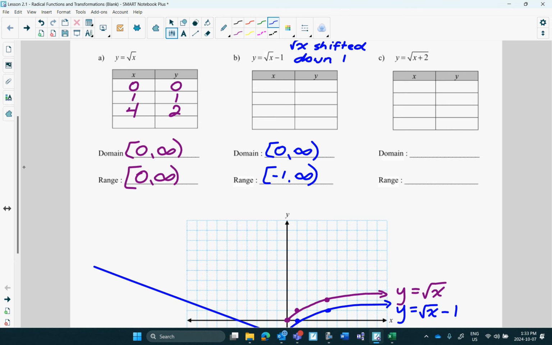Take the original one and move everything 2 to the left, right? So it's root x shifted 2 to the right. Sorry, 2 to the left. Thank you for correcting me.